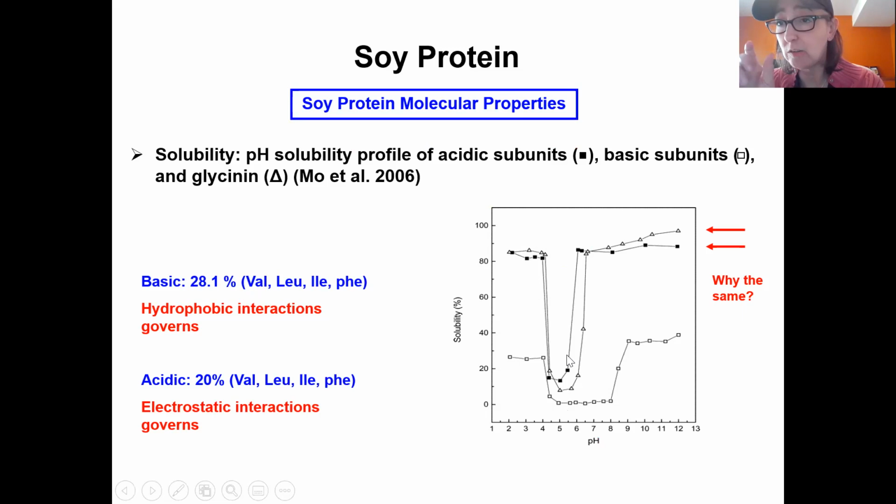That means the isoelectric point falls in a narrower range than the basic subunits. If we look at glycinin, the curve resembles the acidic more. It gets a little bit wider because it has the basic subunits as well, but mostly it resembles the acidic subunits. And here's where I usually would ask you, why are they the same?